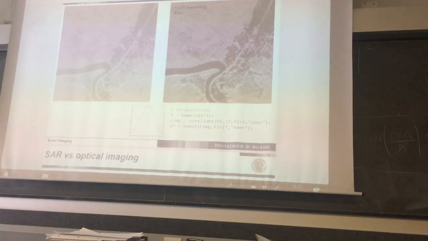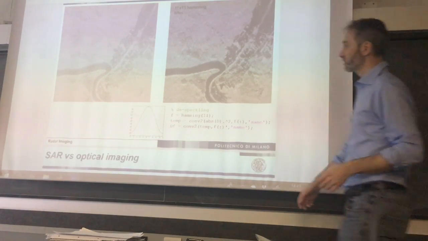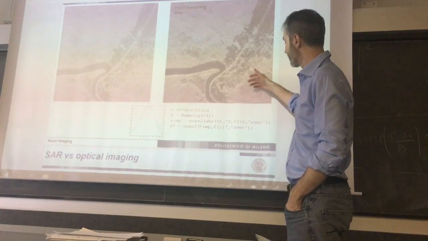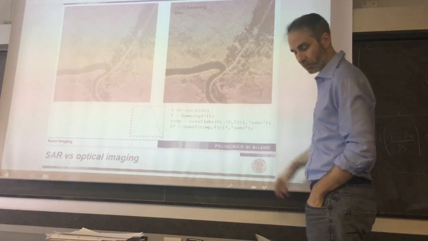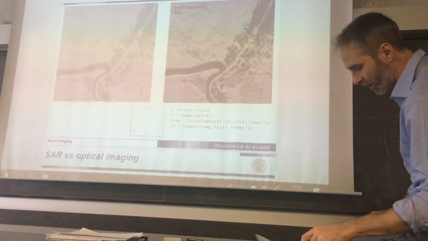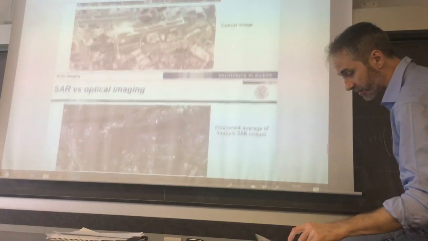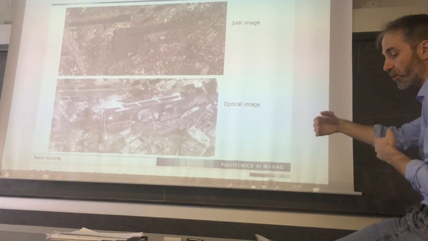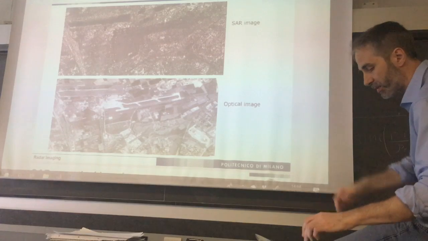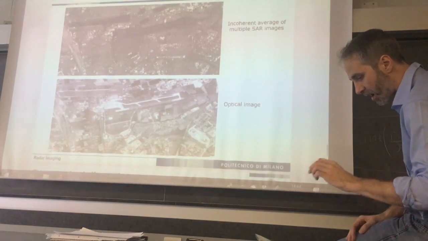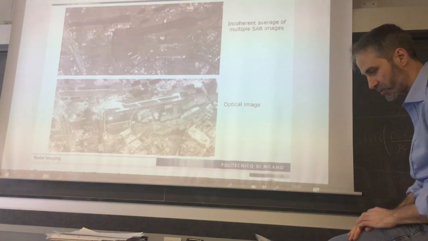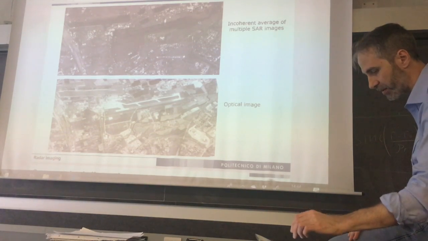This is an example from a real SAR image. This is more difficult to read because of speckle, and this is after a local average. And this is instead the same thing, but by averaging multiple images from different acquisition times. So this is how you get rid of speckle.